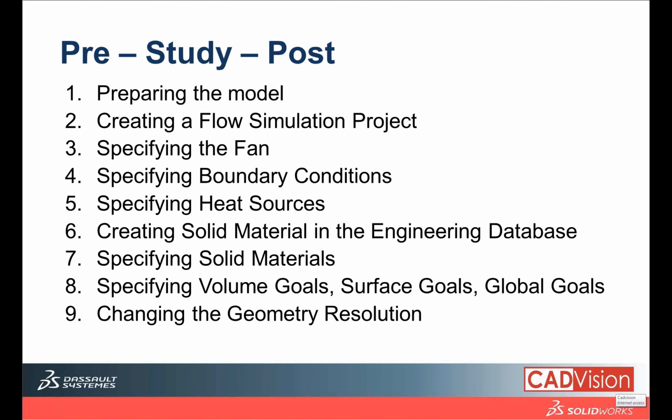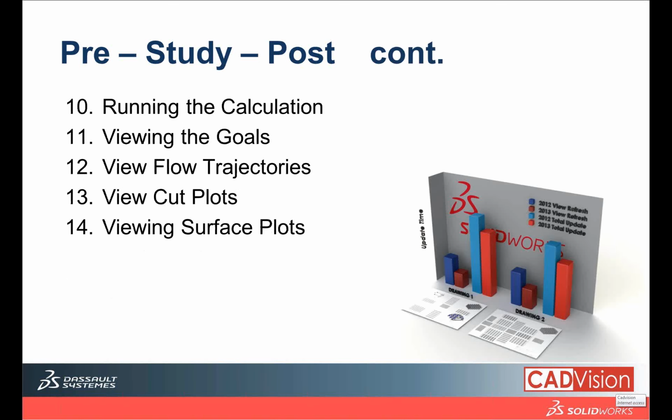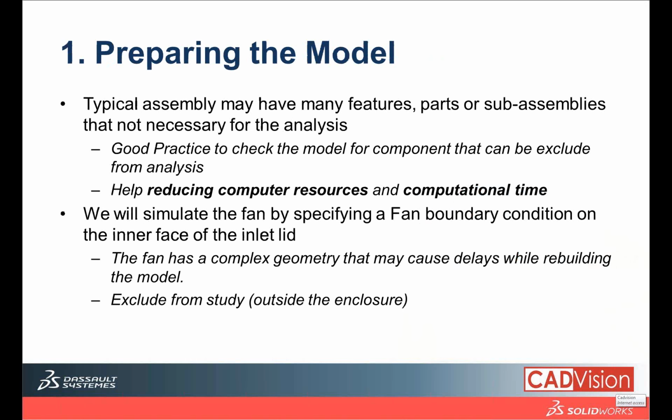The first one will be preparing the model, creating a flow simulation, specifying the fans, boundary conditions, heat sources, creating and specifying solid materials, and specifying goals, and checking your geometrical resolution, whether you need additional things for better results. Then we will go to the study to run the calculations and build the goals, and everything after that will be post-processing.